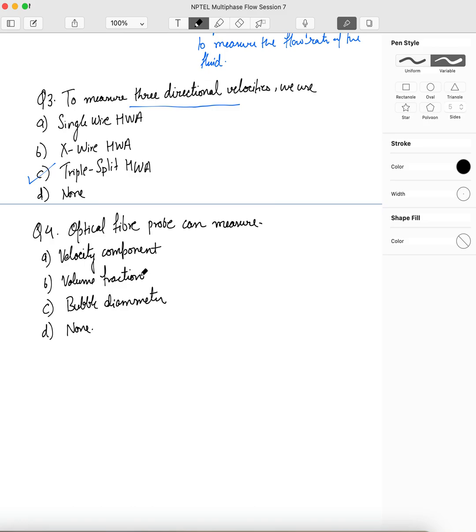You can calculate anything with certain modifications using an optical fiber probe. So velocity component, volume fraction, or bubble diameter, anything can be measured. So the correct option is all of these. They can measure all of these. Okay.